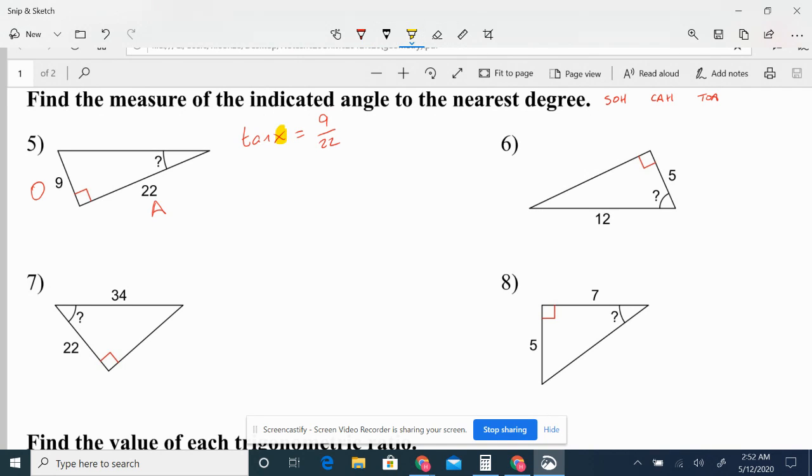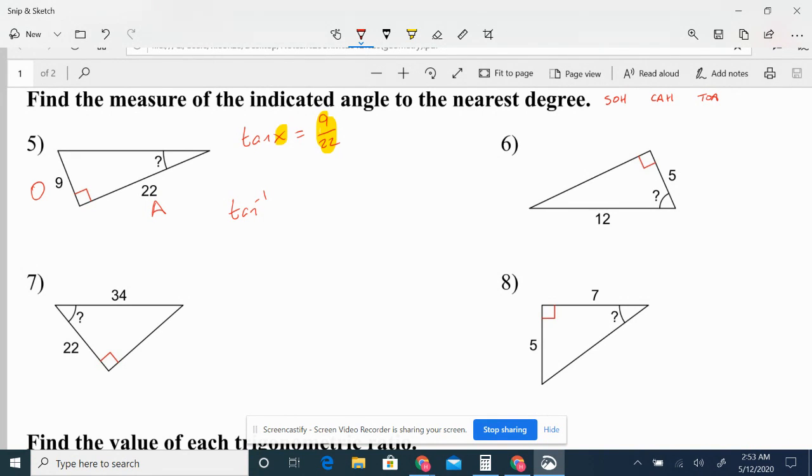It would be nice if the x and the 9 over 22 could switch places. That way I have the x by itself. They can switch places, but instead of calling it tangent, I'm going to say tan inverse. It looks like tangent to the -1, but in reality we call it tan inverse.